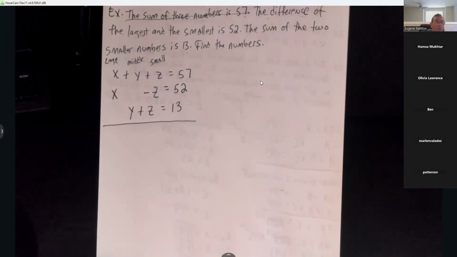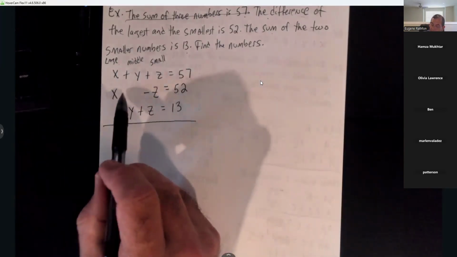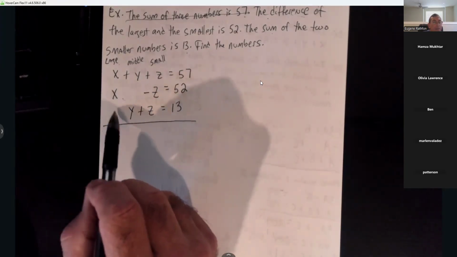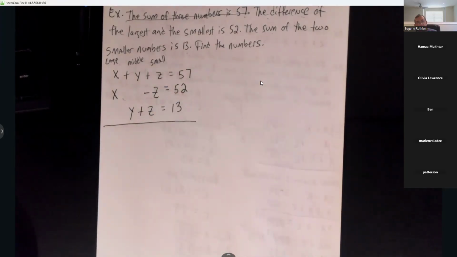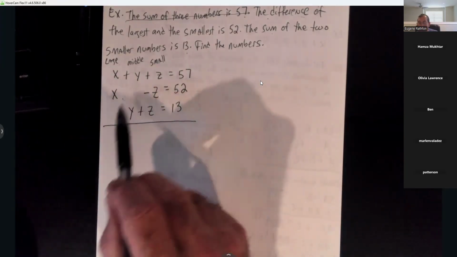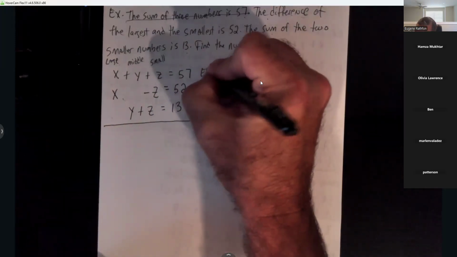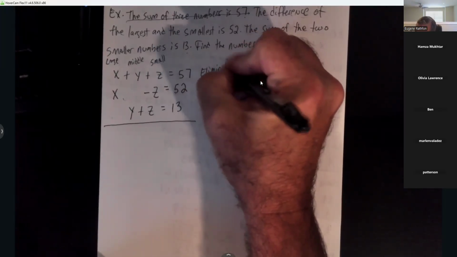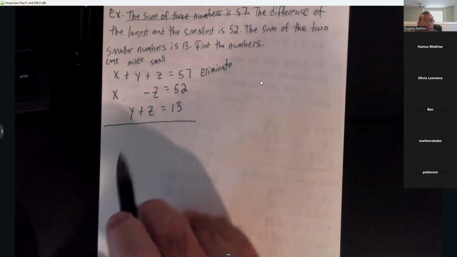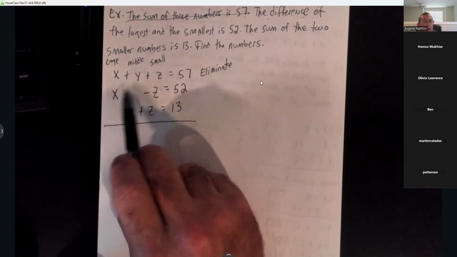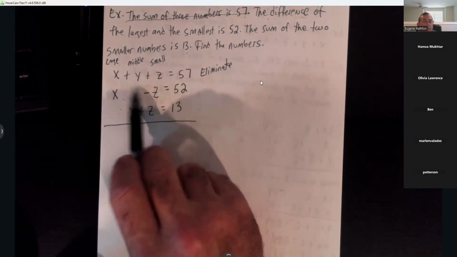So look, you got one just like I just did. You got missing variables. You're missing a y here, and you're missing an x here. So on the calculator, you would definitely put some zeros there, okay? So since you're missing an x here and a y here, you either want to try to get rid of one of these two, okay?